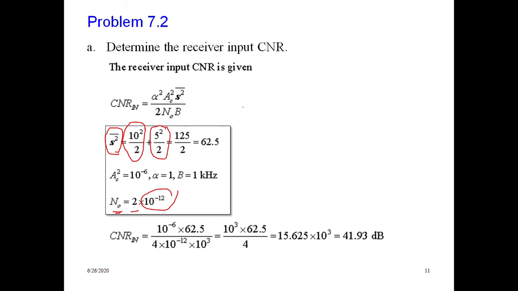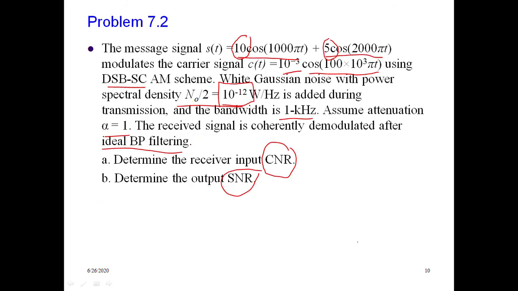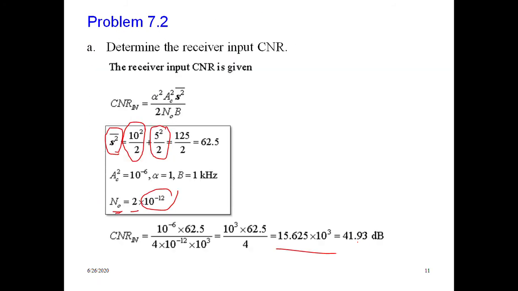We substitute here and get the real number 15.625. Since we want the CNR in dB, we have to change it into 10 log of this value, and we will get these values in dB.